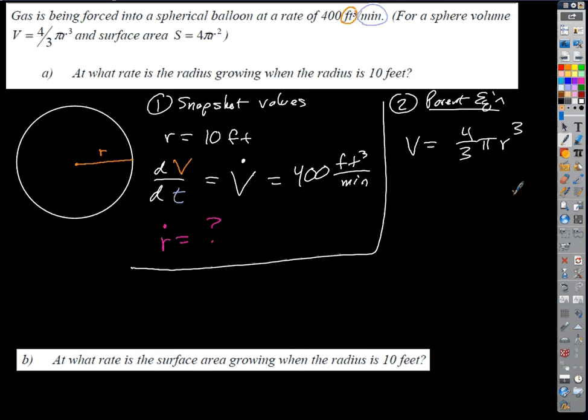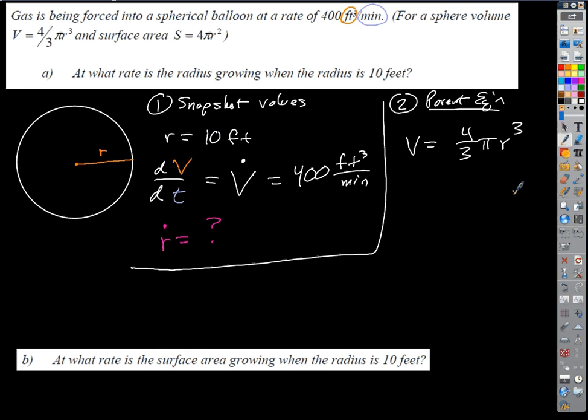I'm going to implicitly differentiate with respect to t, and think why that is. When all the dust settles, if I differentiate with respect to t, what am I going to end up with on the left side? dV/dt, so a v dot. On the right side, by the chain rule, I'm going to get some r's, but I'm also guaranteed to get an r dot.